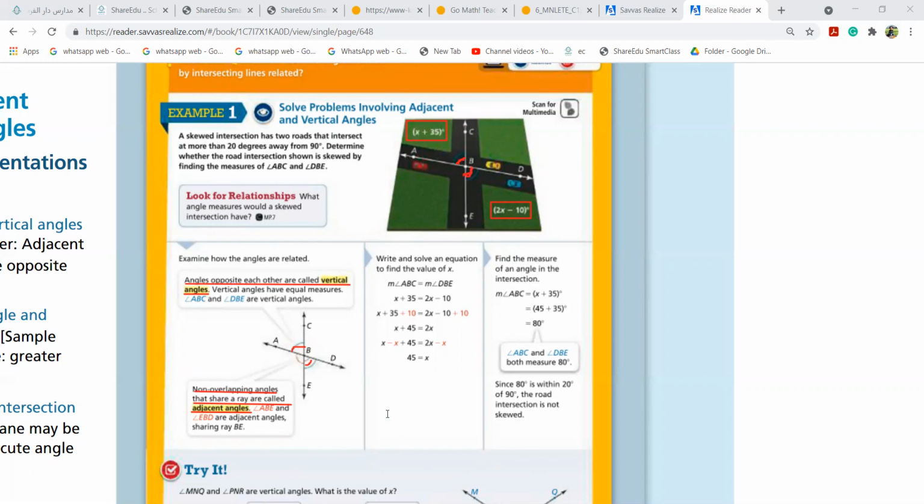That means x plus 35 is equal to 2x minus 10. Do you agree to this? Because they're opposite to each other, they are equal. x plus 35 equals 2x minus 10. Till here, did everyone understand this one?